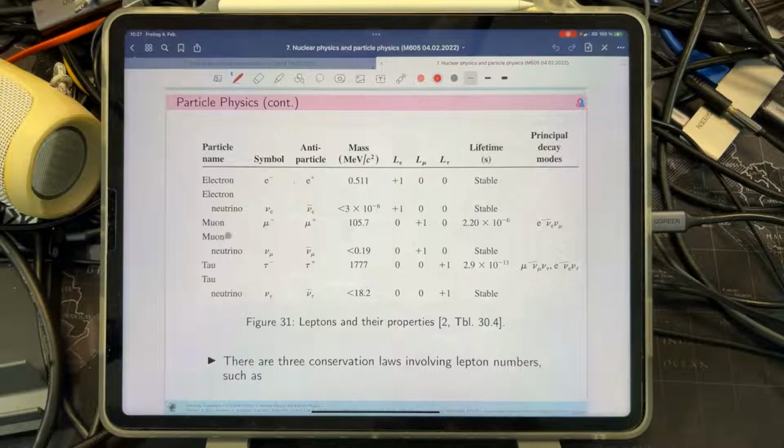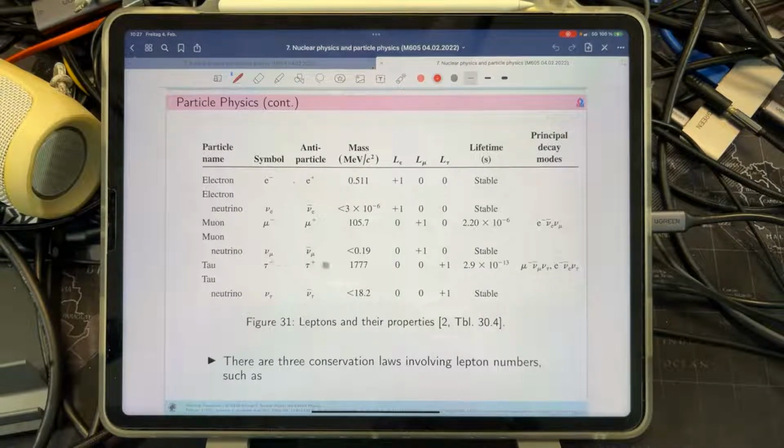The typical muon neutrino has muon lepton number +1. The muon antineutrino, the one with the bar, has muon lepton number -1. Both will have 0 tau lepton number.